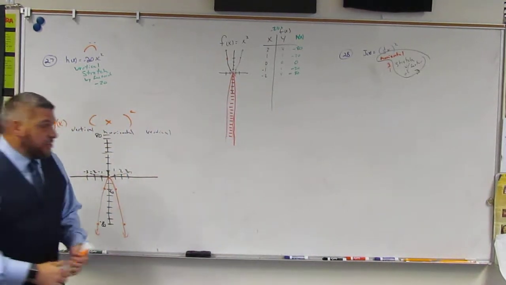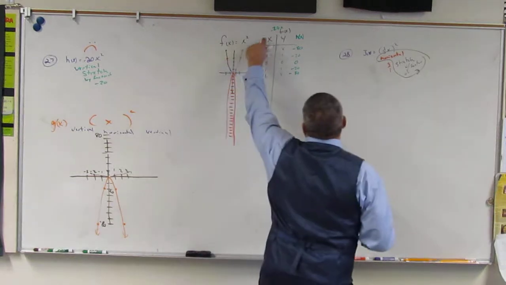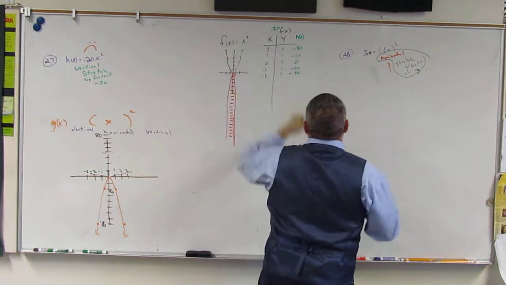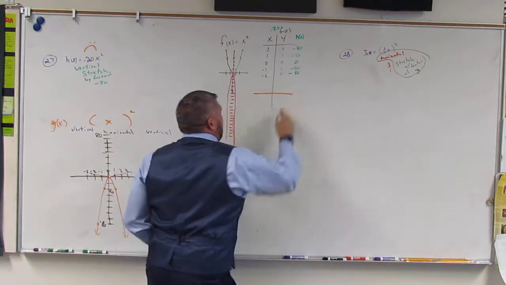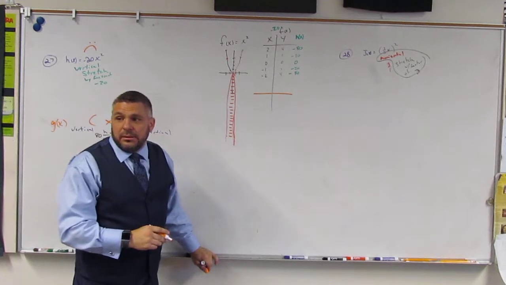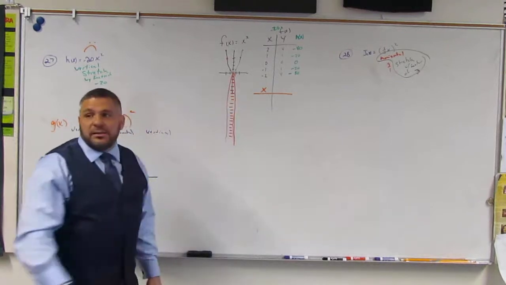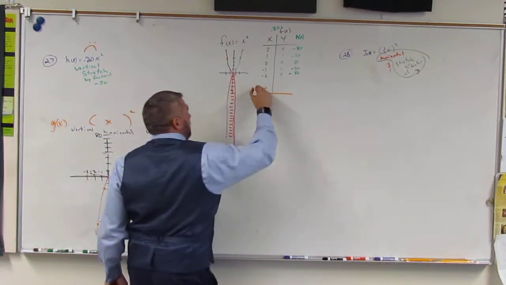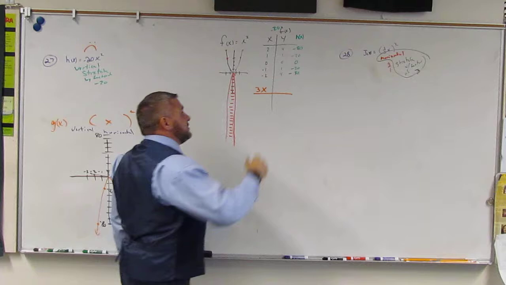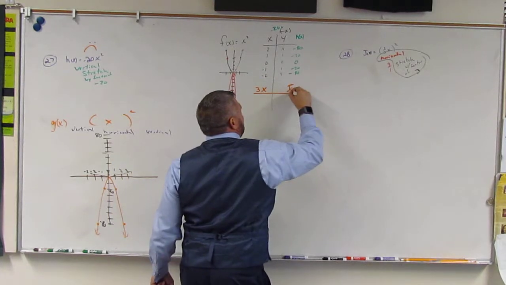Right? It changes your function. It changes your x. So your new x, right? We're taking this x and we're multiplying it by what? 3. Okay? And that's going to give us our new j of x.